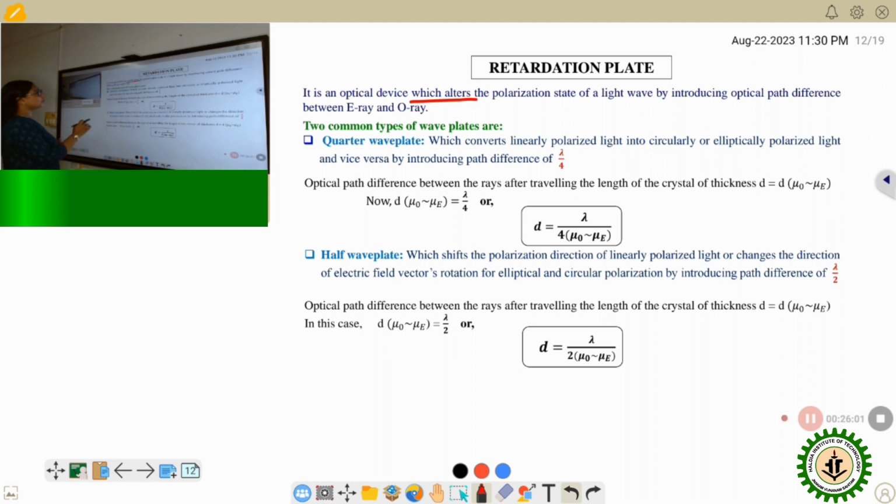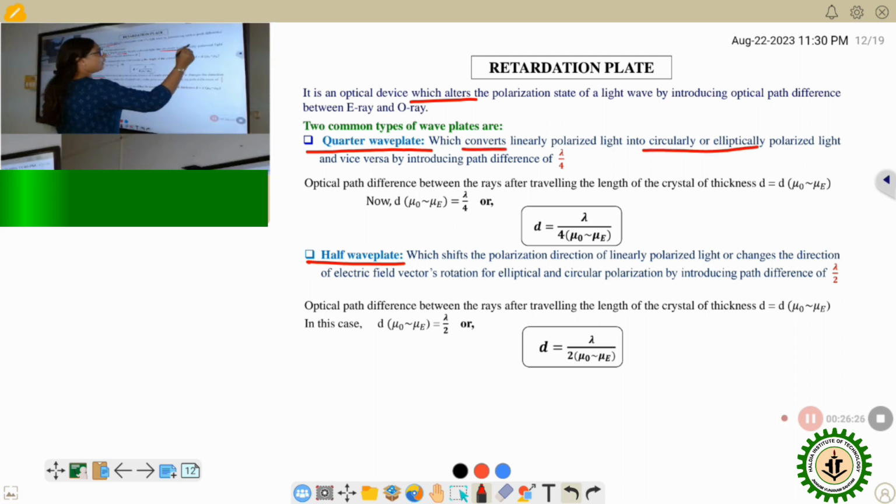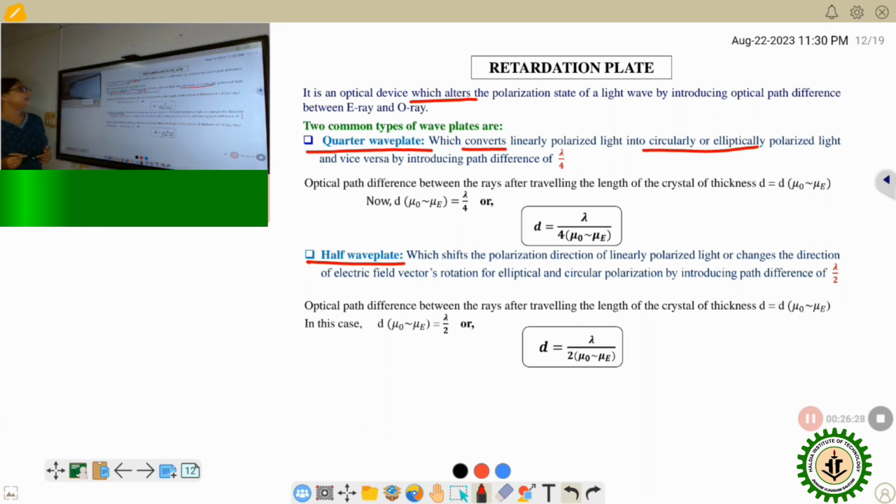So there are two common types of retardation plates. One is called the quarter wave plate, another one is called the half wave plate. Quarter wave, quarter means 1/4. So quarter wave plate is such a device which can convert linearly polarized light into circularly or elliptically polarized light by introducing a path difference of lambda by 4.